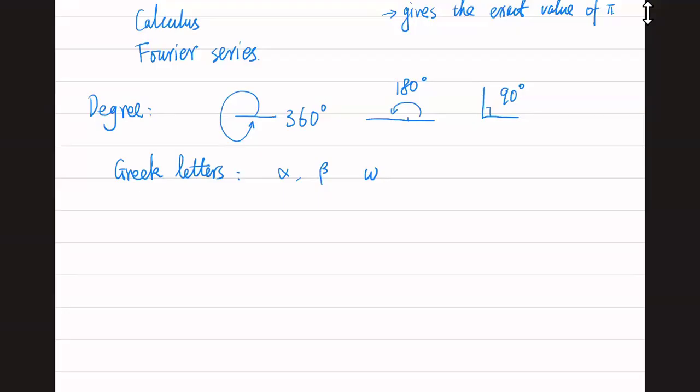Aaron, anything else besides these three? Gamma. Gamma, okay. Kira, anything else? Kappa. Okay, nice. Lambda. All right, okay, more than enough. We will not use so many.